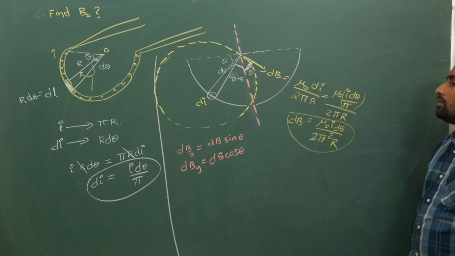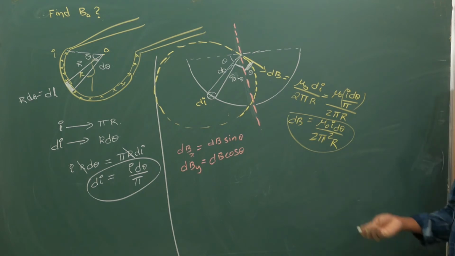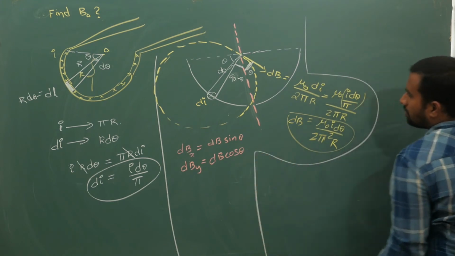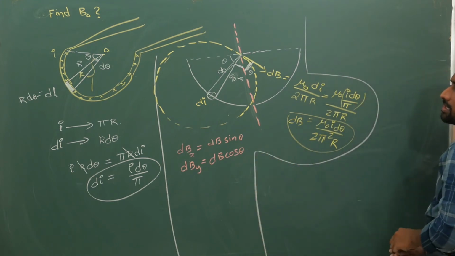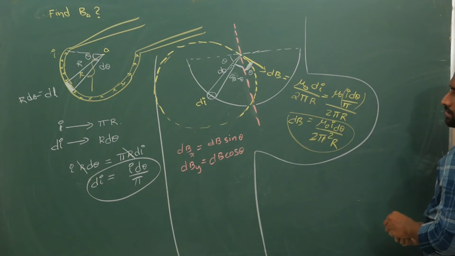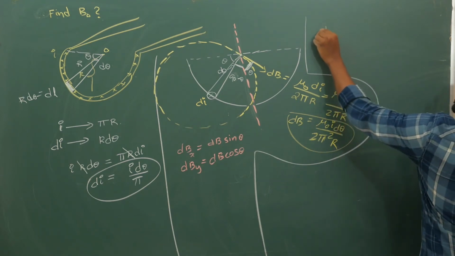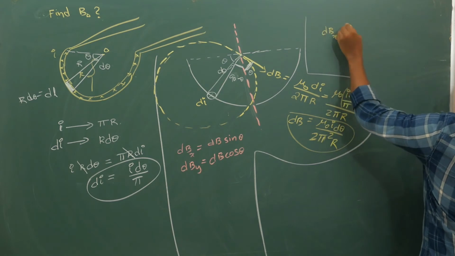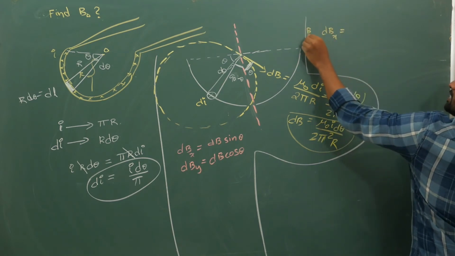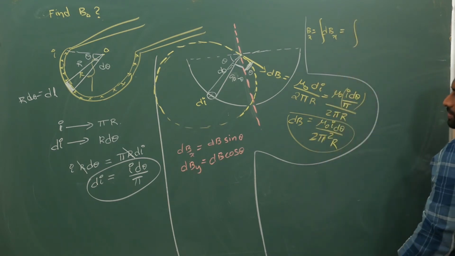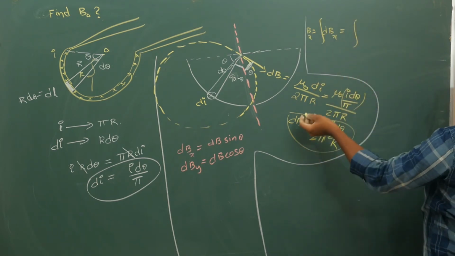Now we have to integrate this in terms of theta. If you are integrating in the x direction, the x component is the integral of dBx, that is the integral of dB sin theta.